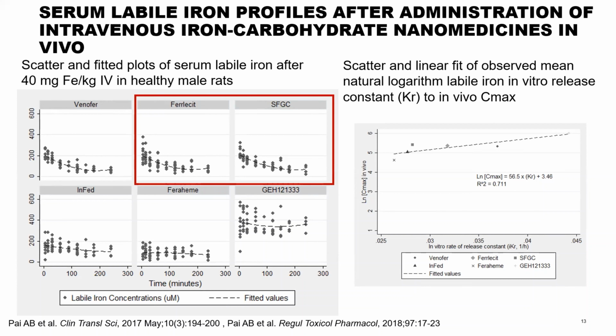However, as you can see on the other panel on this slide, a significant correlation was observed between the in vitro release constant compared to the in vivo Cmax, and the R squared, as you can see there, was 0.711. This was determined by the collective research team to be a relatively good fit, but the caveat being it could be driven by Cmax values.